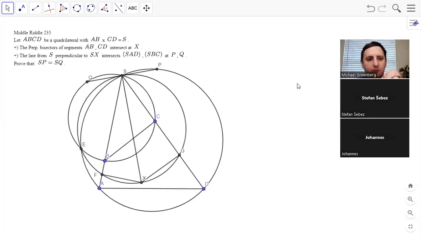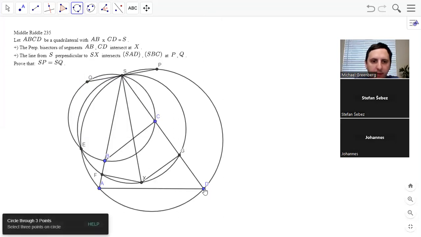I don't know if that helps or not. Or it's the same as saying that P and Q have the same power with respect to this circle. It kind of looks like XBSP is cyclic. Is that true? XDSP?